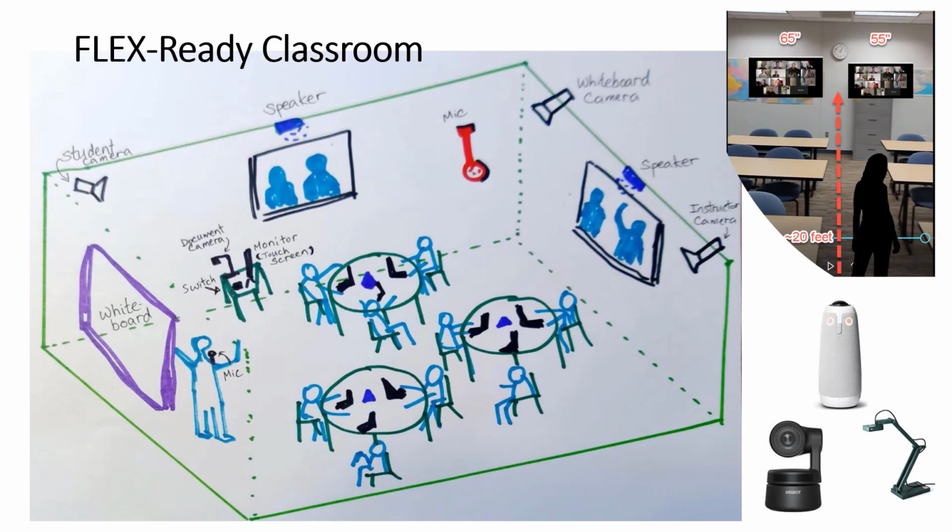This is a quick sketch of a Flex Ready Classroom. This is just an example. Different classes and courses will have different layouts, equipment, and so on. But I just wanted to give you a quick example. One key item on these diagrams are those TVs on the wall. People in the classroom, including the instructor, can see the students who are joining virtually.